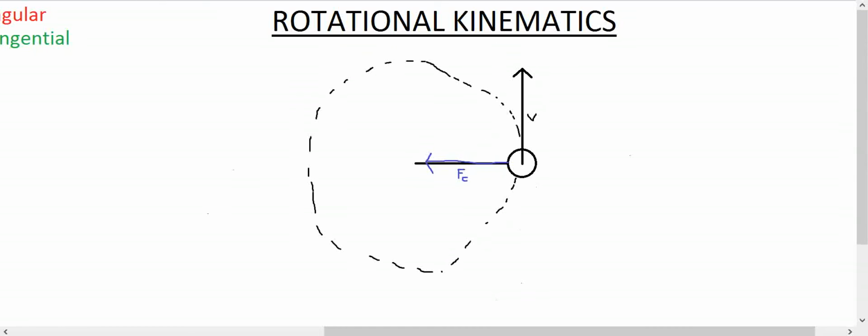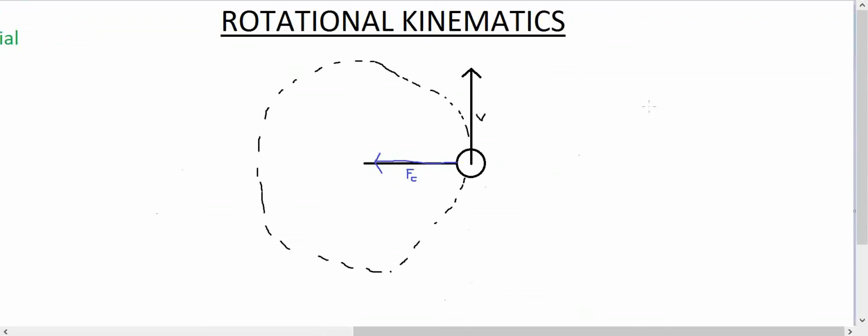So what's the relationship between centripetal force and centripetal acceleration? You've learned F equals ma before, right? So the relationship is just Fc equals m ac, where m is the mass of the ball. So what is the magnitude of the centripetal acceleration?